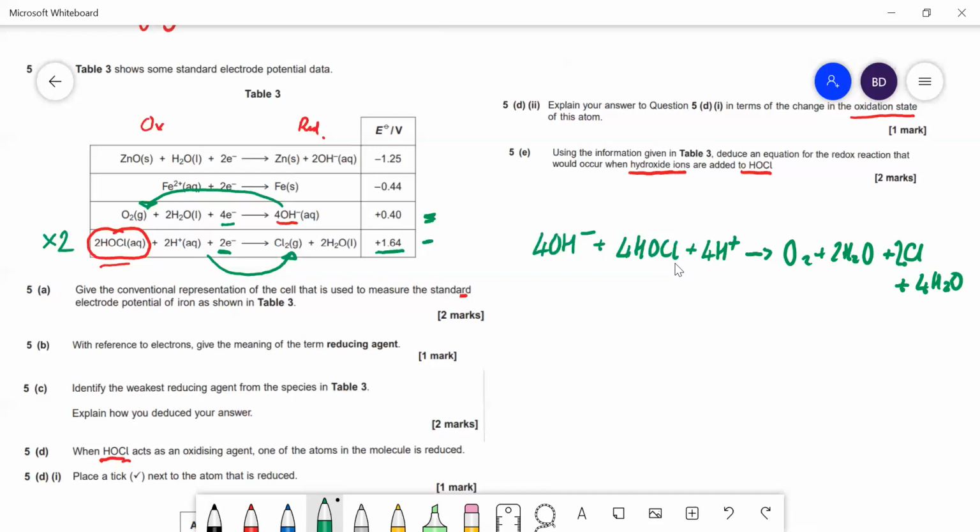Right, so what we get, well, 4OH minus and 4H plus, that makes 4H2O, plus 4HOCl is going to go to O2, and we add these two together, gives us 6 waters and 2 Cl2s.